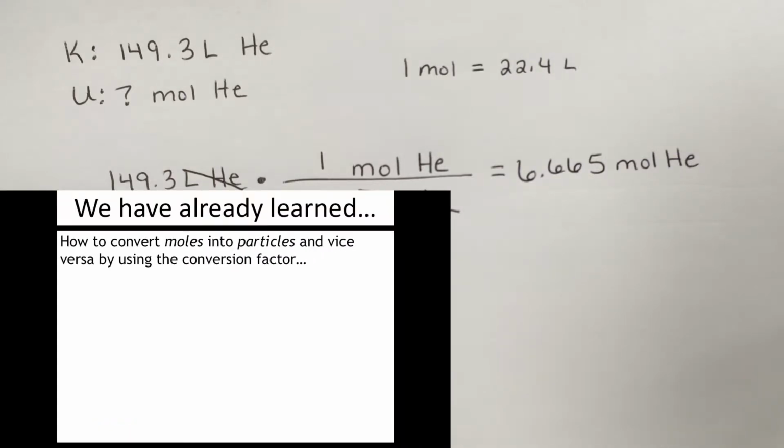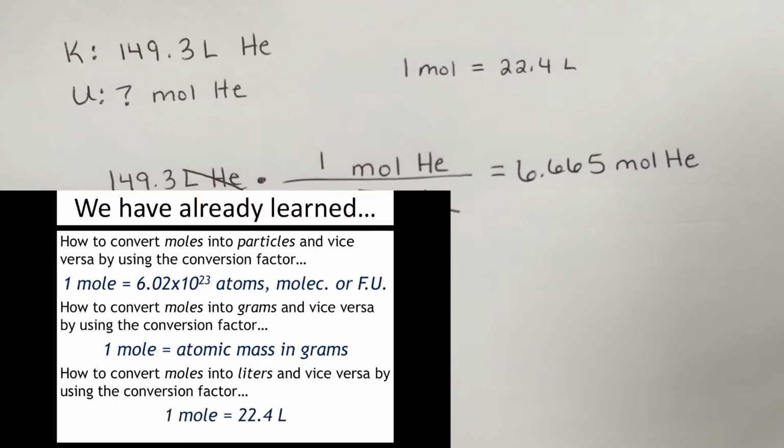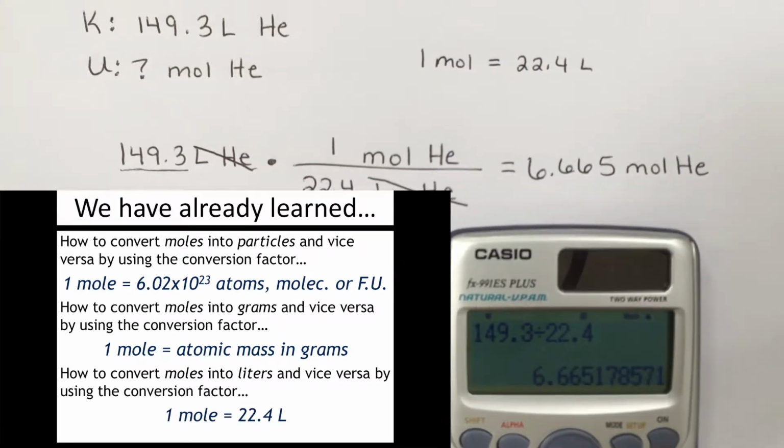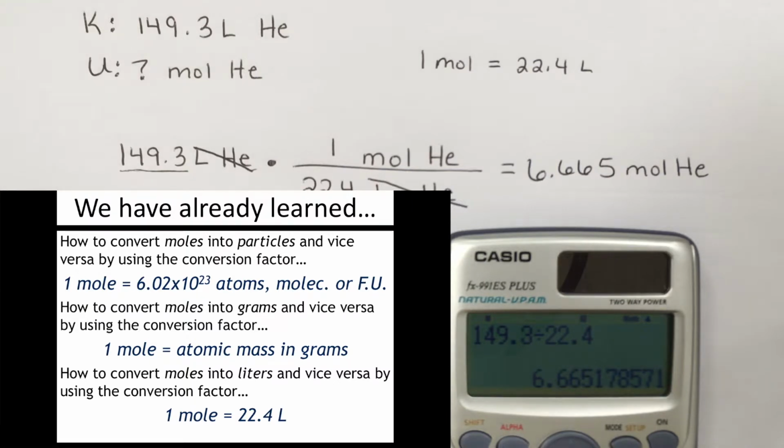All right, so here's all three conversion factors that we've learned. We've already learned that for every 1 mole, it's 6.02 times 10 to the 23rd atoms, molecules, formula units, or particles. We've also learned that 1 mole is equal to the atomic mass, but in grams. That was the second day. And then the third day we did 2-step conversions.